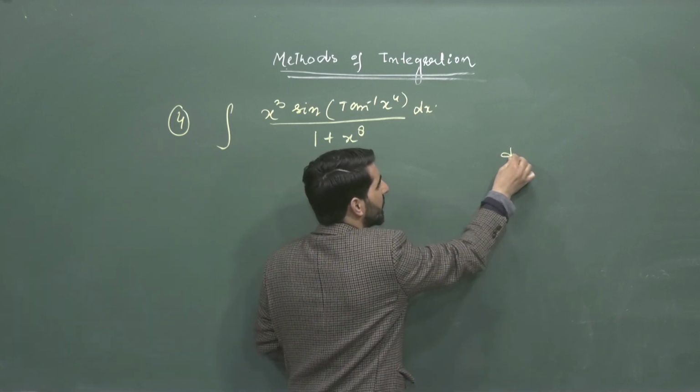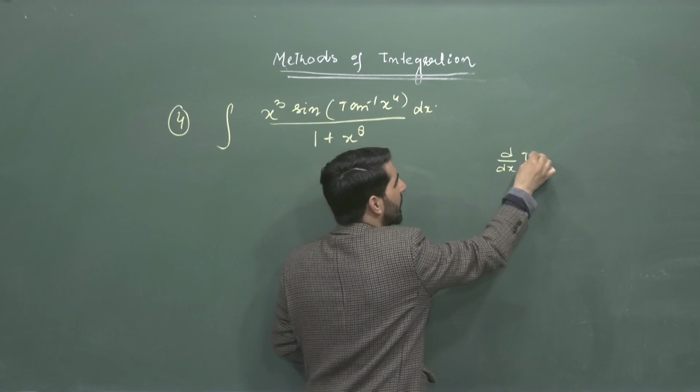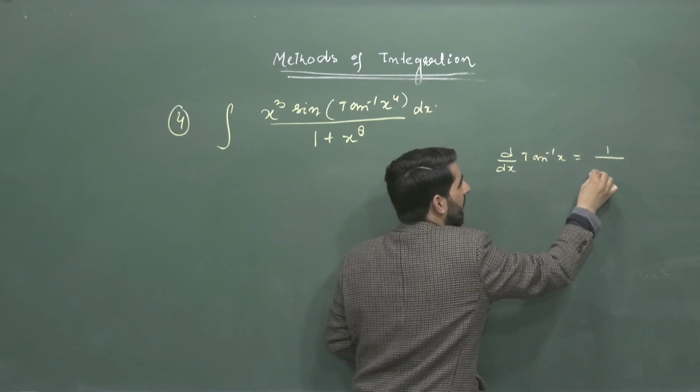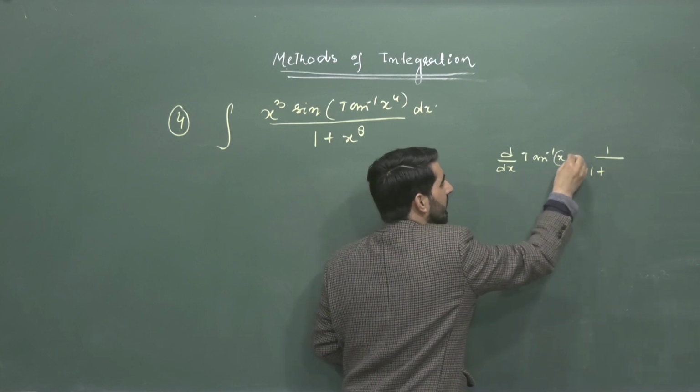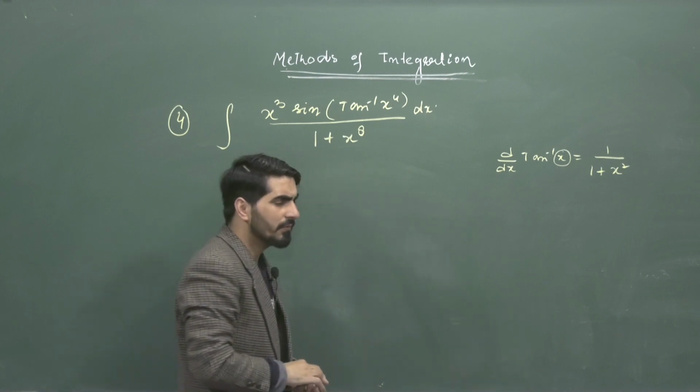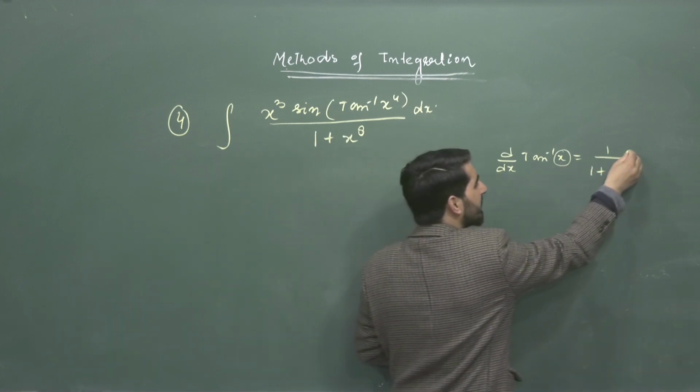first of all, as we know that the differentiation of tan inverse of x is 1 divided by 1 plus this x square, that is theta square, into internal differentiation of x is 1.